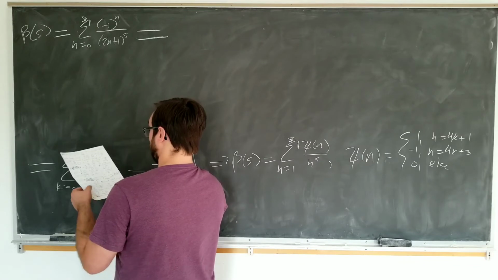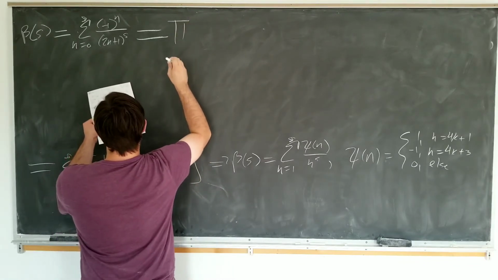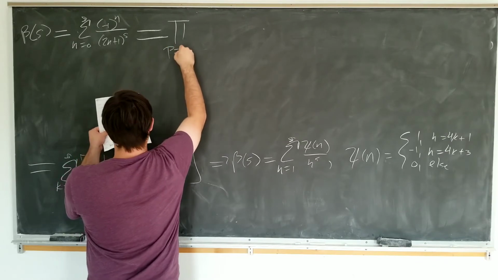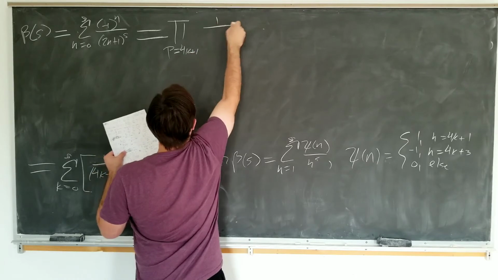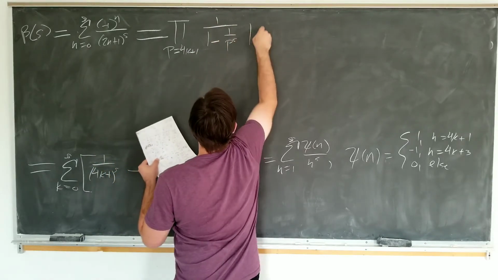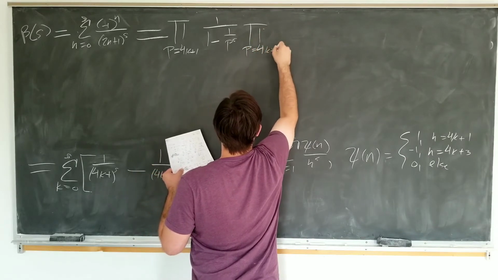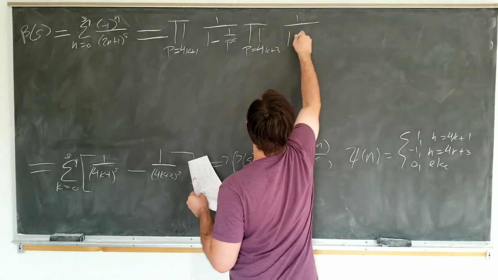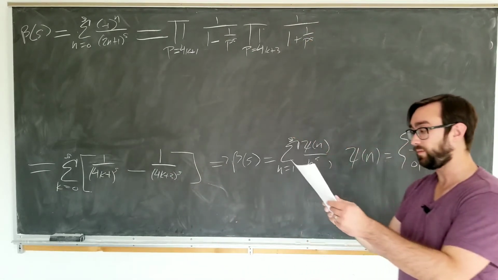I'm going to have two products this time, a bit more complicated than the previous one. We have products over primes of the form 4k+1, 1 over (1 - 1/p^s), and another product over primes of the form 4k+3, 1 over (1 + 1/p^s). This seems cool.